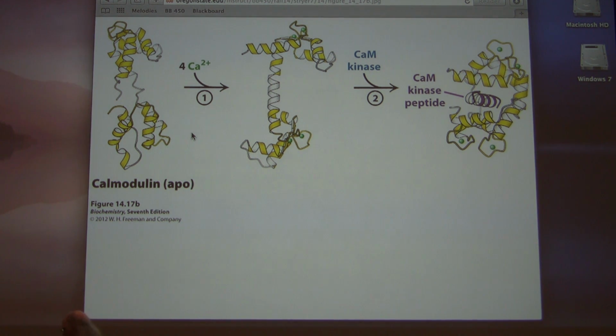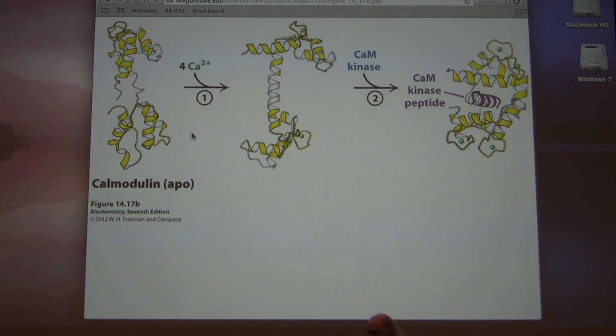Okay? So I'm going to step you through this. We've gone through the phospholipase C pathway. We've released calcium in the cell. The calcium has bound to a protein called calmodulin, causing a small structural change in calmodulin. That structural change was enhanced by another enzyme, and that binding of the other enzyme by calmodulin activated it.